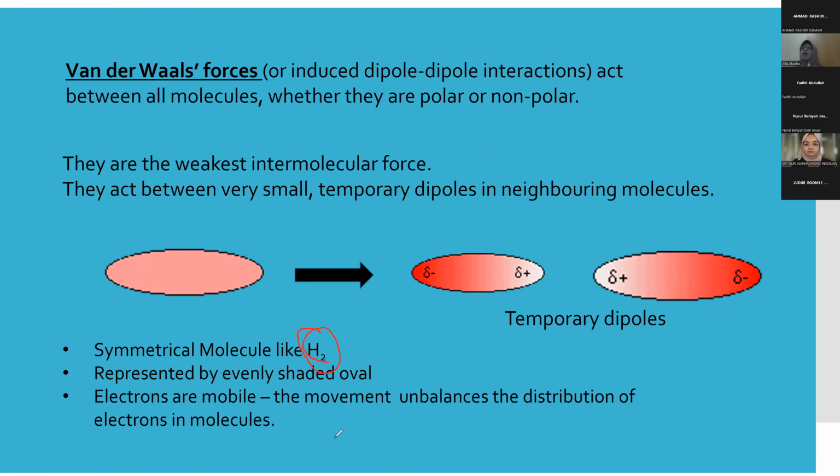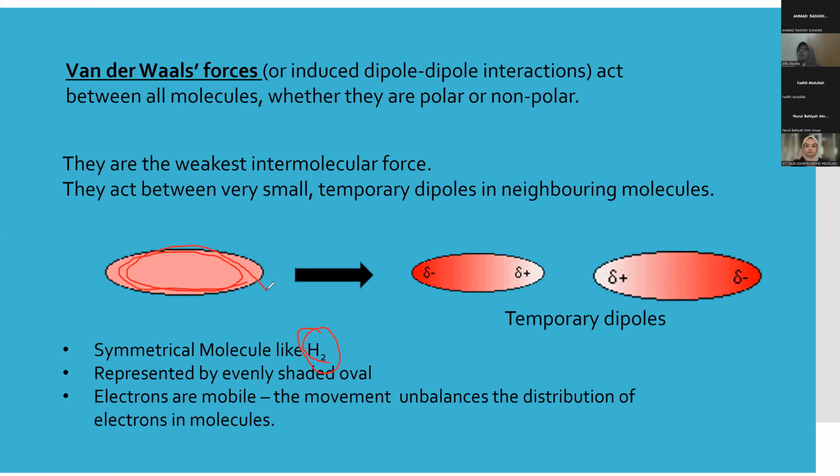Hydrogen does not have this like hydrogen chloride, because the electron is distributed in all of this molecule.